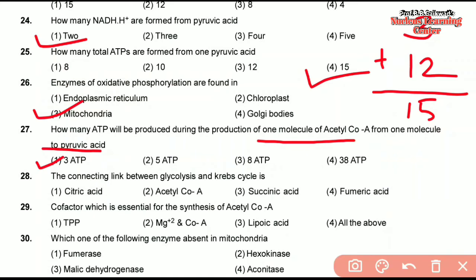The connecting link between glycolysis and Krebs cycle is the acetyl-CoA molecule or link reaction. 29th question: cofactor which is essential for the synthesis of acetyl-CoA. Acetyl-CoA synthesis is a part of the link reaction or oxidative decarboxylation of pyruvate, carried by the pyruvate dehydrogenase complex, which consists of thiamine pyrophosphate, magnesium, coenzyme A, lipoic acid.